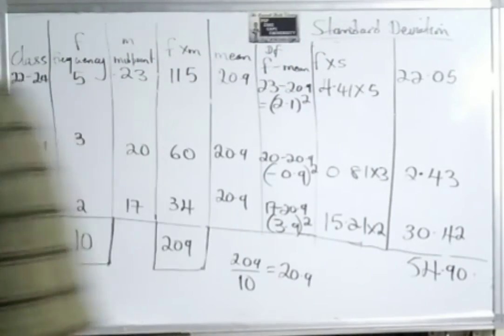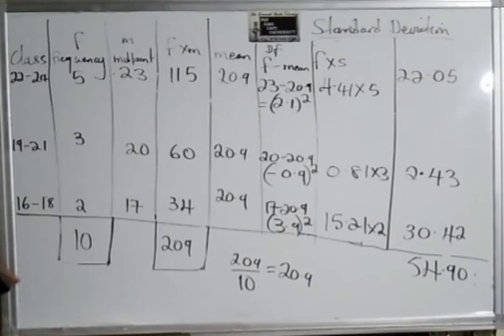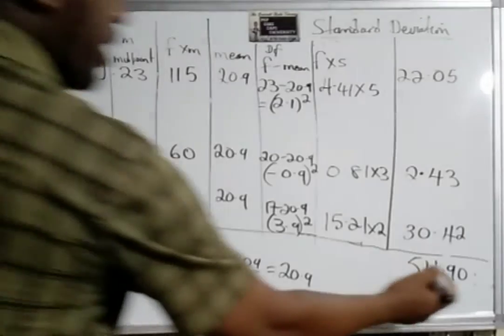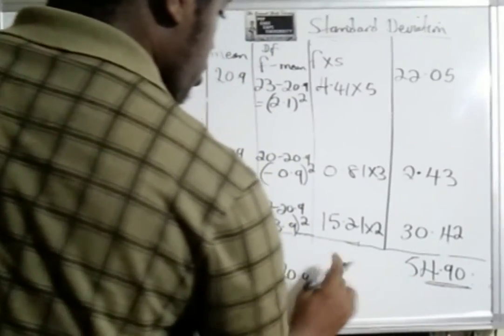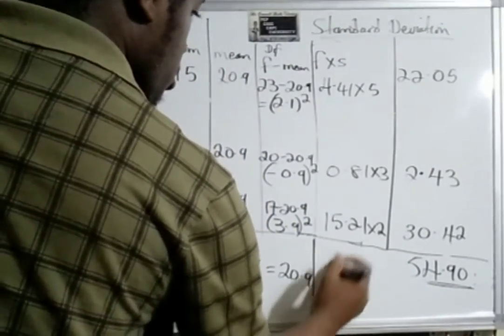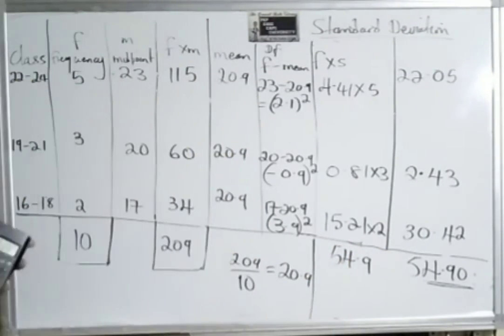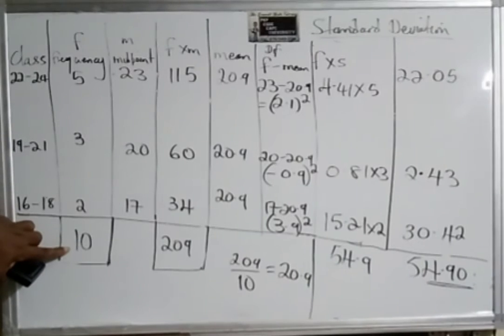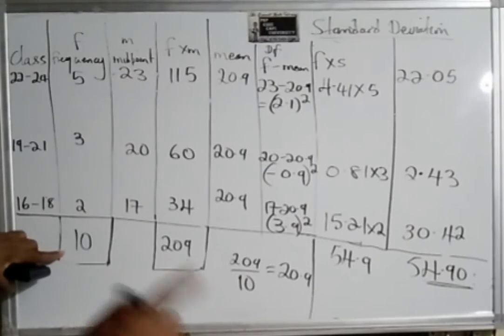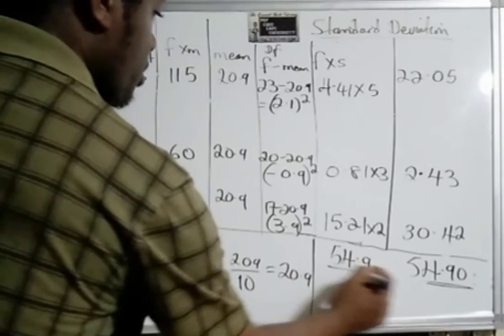Now in order to find the variance, what we need to do is divide this number that we got, 54.9, by, not just this, we're going to subtract 1 from the frequency total, as the formula says. I'm not a formula person per se, but that's what the formula says.